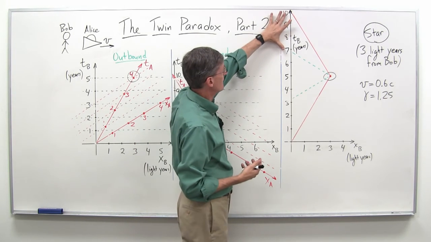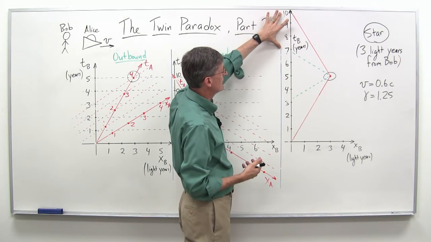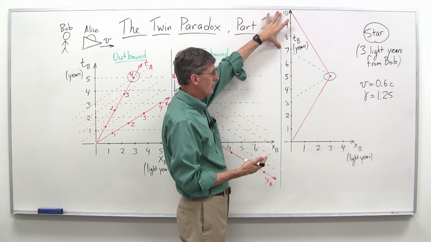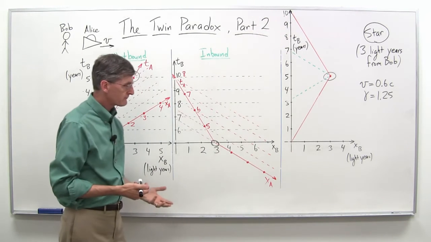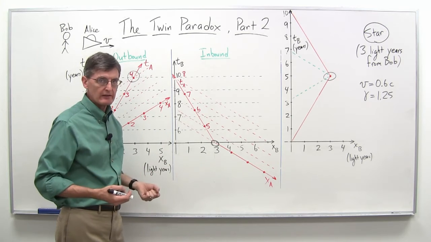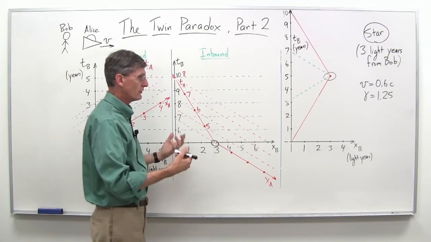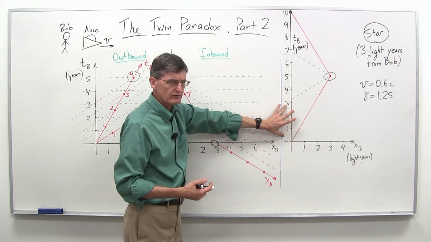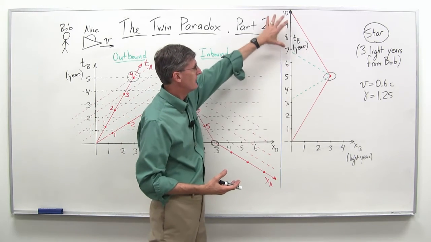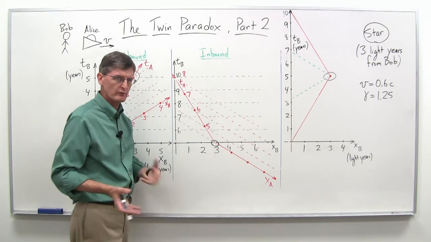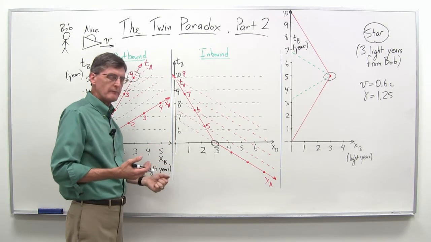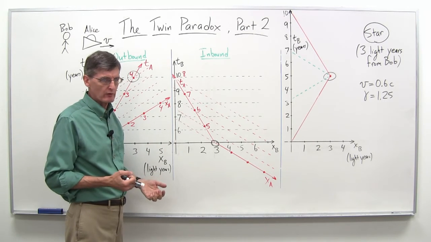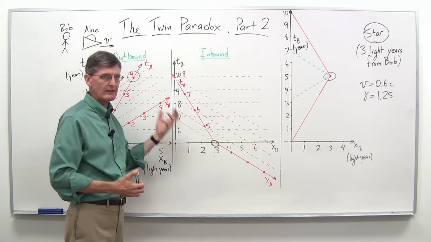And then on the inbound trip, she sees from 6.8 to 10 is another 3.2 years, while her clocks read 4 years on each leg. So she observes Bob's clocks running slow: 3.2 plus another 3.2 is 6.4. When she gets back, she'll say, Bob, I thought you'd have aged 6.4 years while I aged 8 years.